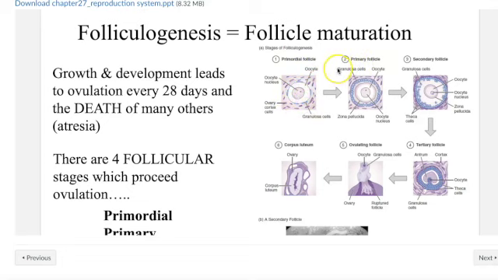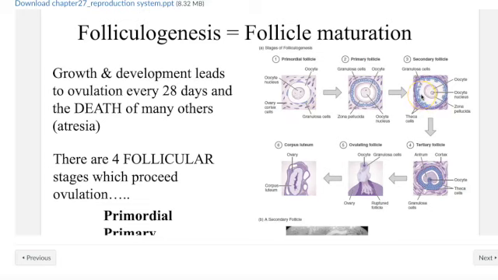Then it becomes the primary follicle. The cells now become thicker. This is after puberty. It becomes more round. At the secondary follicle, more cells are added. You can see here, these are called theca cells.